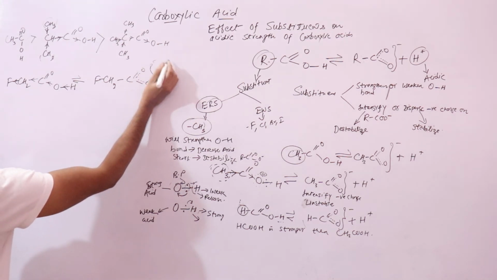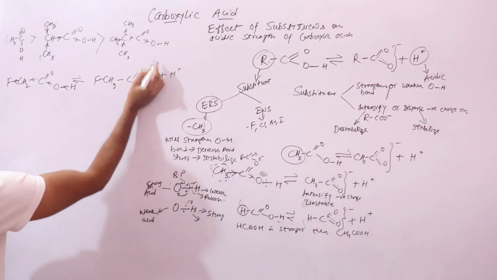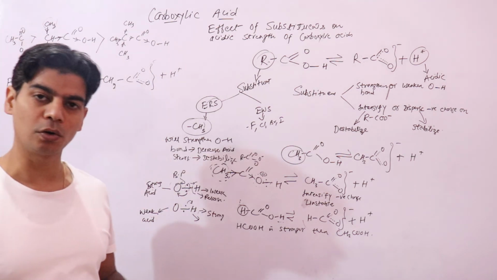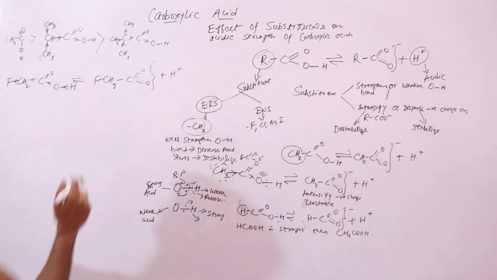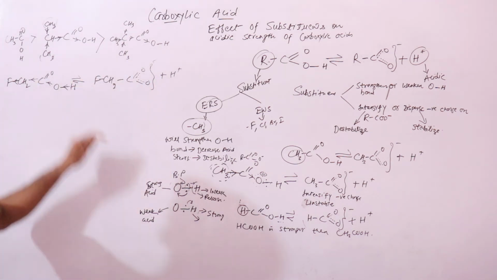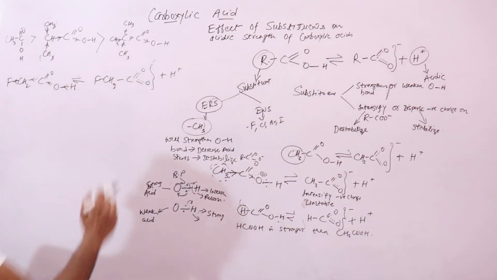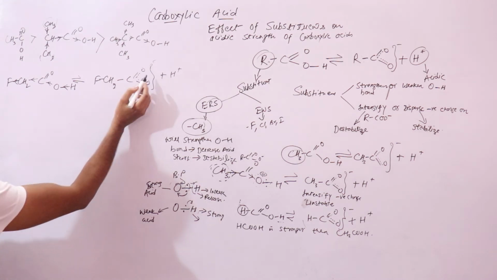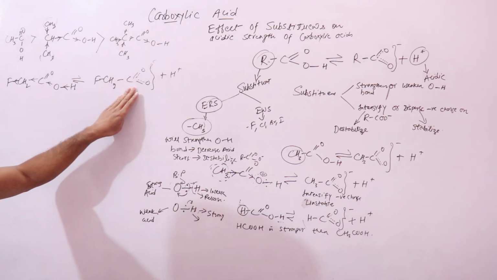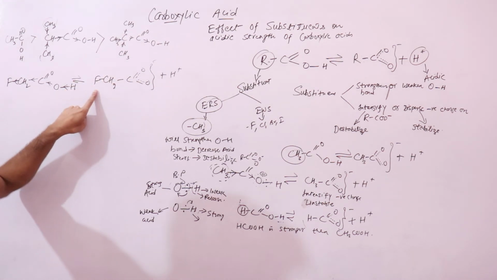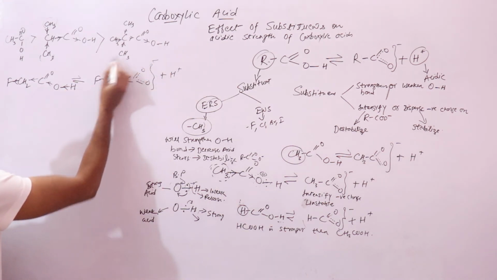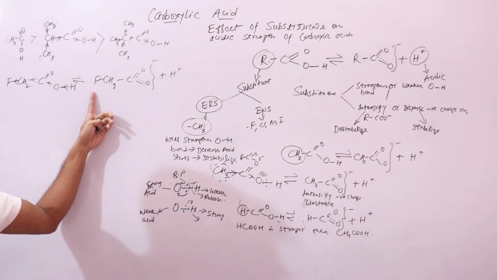Looking at the second thing, what about the intensity of negative charge? The intensity of negative charge will also go down, right? Why? Because this negative charge would be dispersed when you have an electron withdrawing substituent, right? That is, it is less on these oxygen atoms and carbon. Now it is shared by this fluorine atom also. So we say that this negative charge is dispersed when you have an electron withdrawing substituent.